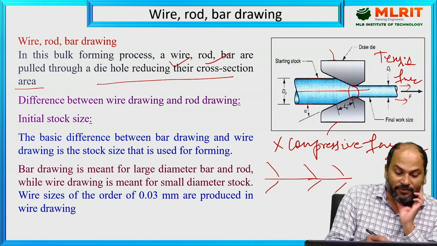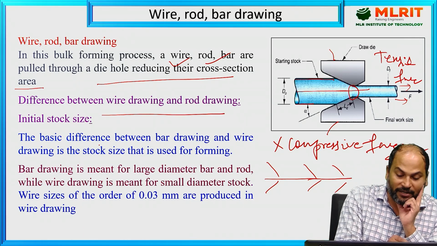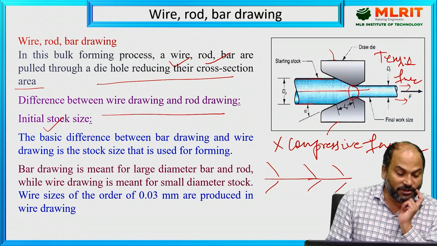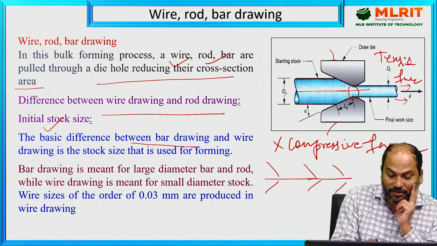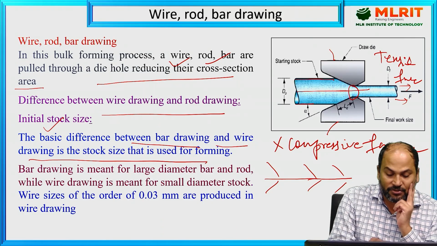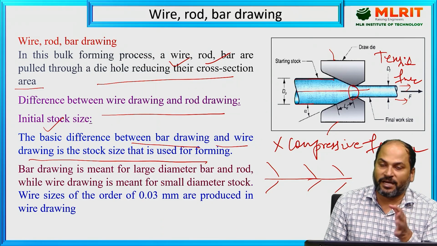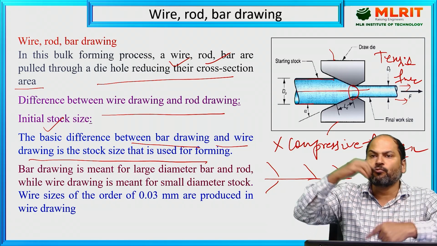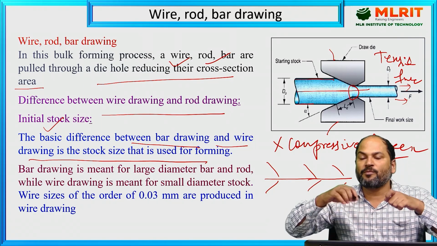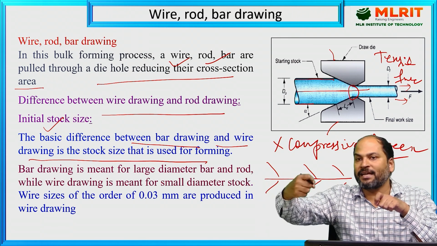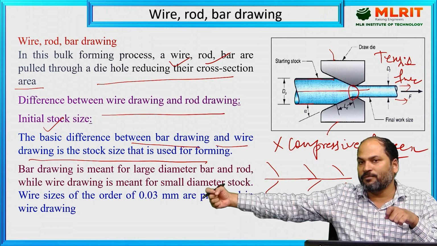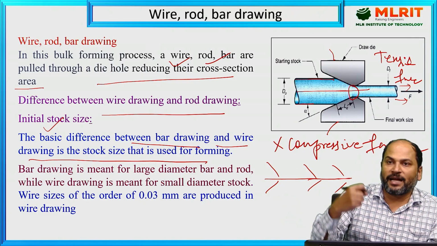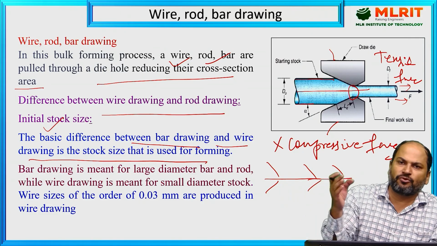What is the difference between rod drawing and wire drawing? It is actually the initial stock size. The basic difference between bar drawing and wire drawing is the stock size used for forming. As I told, wire drawing is not possible in a single pass; it will be in multiple passes. A wire coil will be there, and slowly it will pass through the die, with the pulling force at the outer end, pulling it through the die openings over multiple passes.